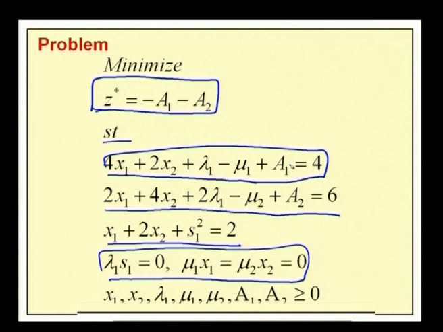Here we are introducing the artificial variables in the first and second constraints in order to get the initial basis matrix.